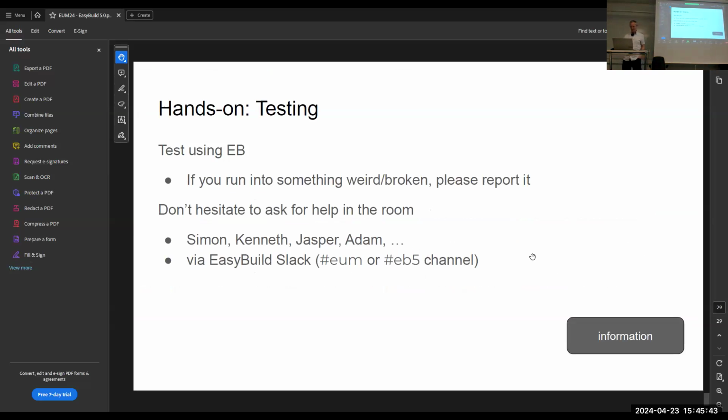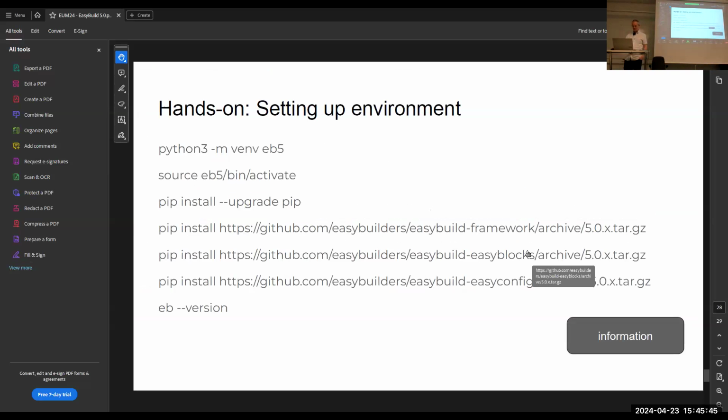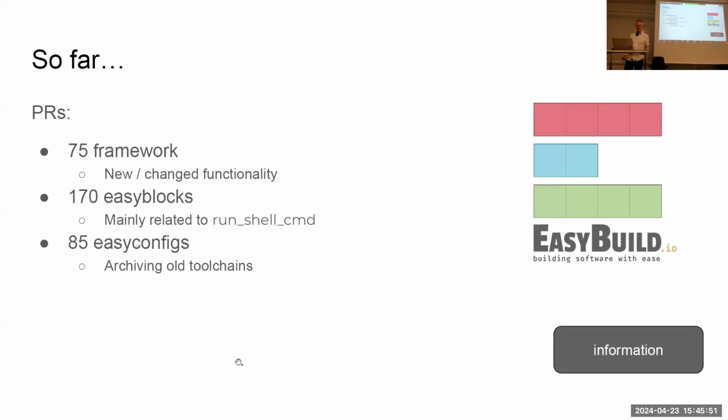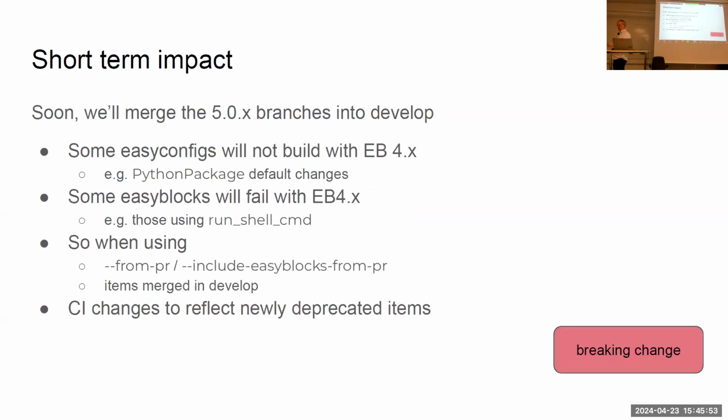Can you go back 2 slides? Oh, sorry. So the breakage for --from-pr, I only just now realized that this is going to be a bigger issue than I anticipated, because anyone who's using --from-pr now anywhere, and this may be in EasyStack files, which we're doing in the Easy project, as soon as we collapse the 5.0.x branches into develop, that will all break. Well, in the worst case scenario.